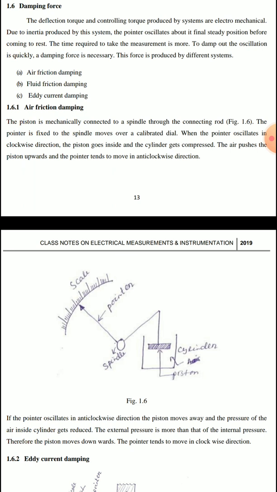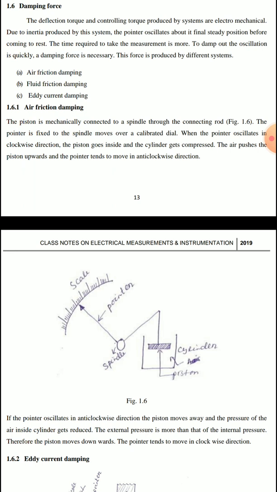The air pushes the piston upward and the pointer tends to move in the anticlockwise direction. So for every action there is an equal and opposite reaction by this air friction. That air friction is on the piston which is moving in the cylinder.